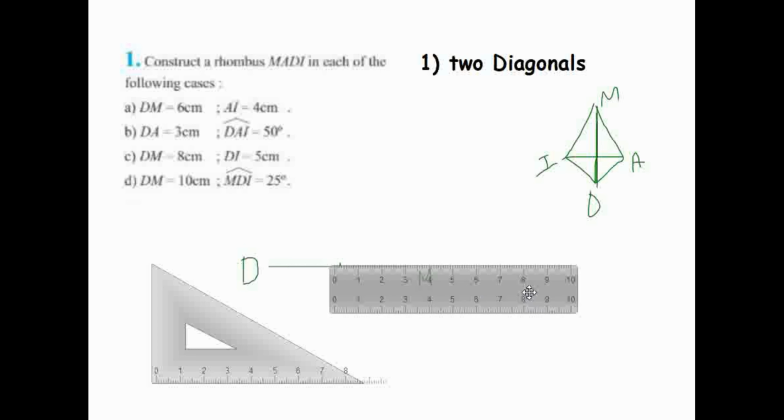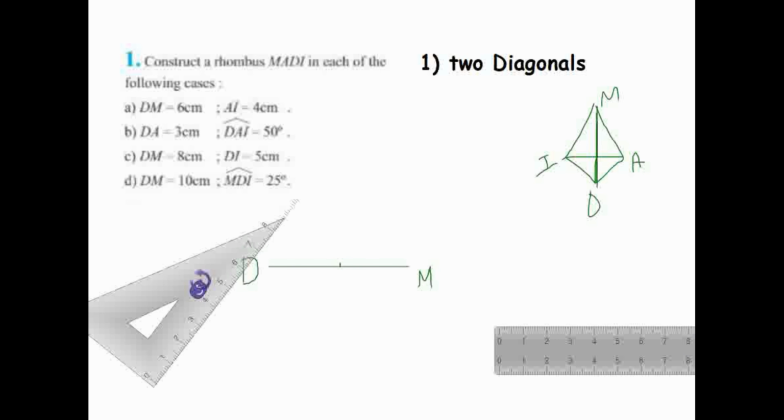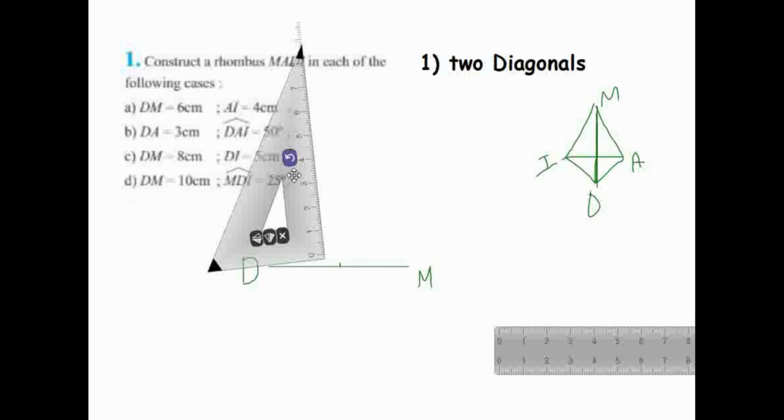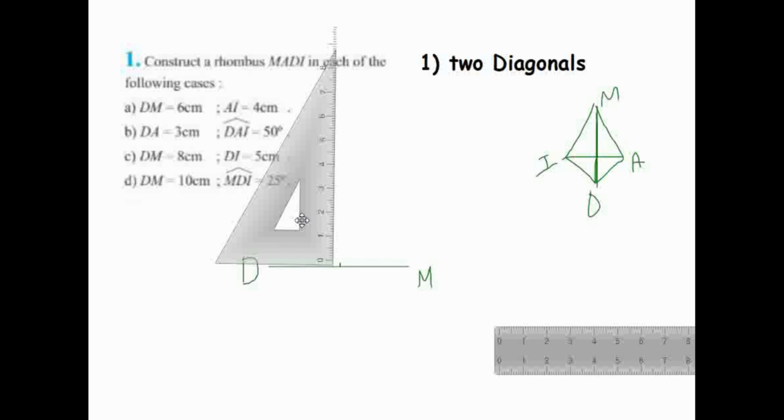Now we are going to take the ruler away and use the set square. Why the set square? Because the diagonals of the rhombus are perpendicular. So just put that in place and draw a perpendicular line at this midpoint. Now how much does it measure?